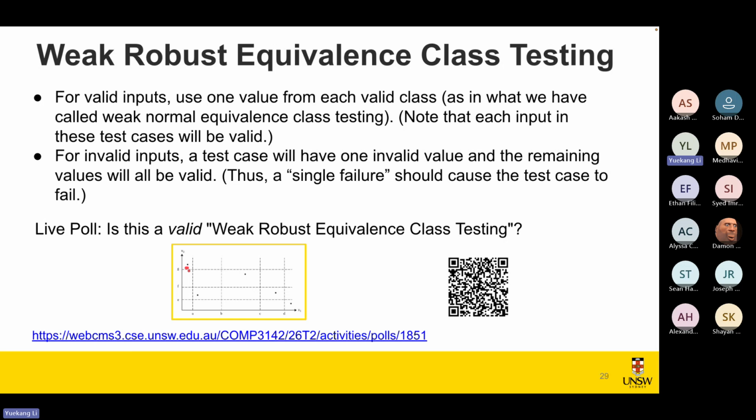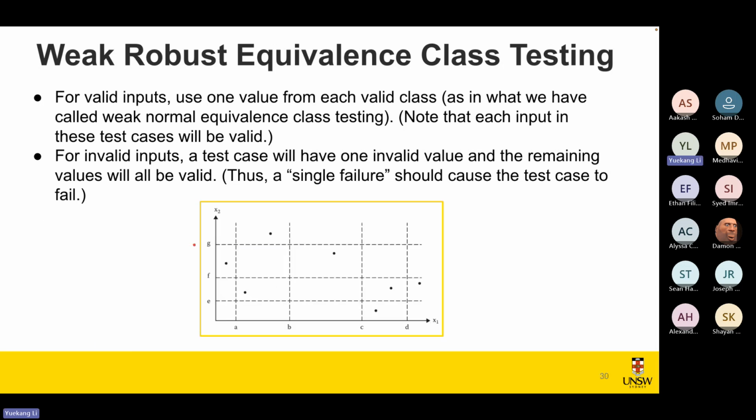This is allowed. But x2 is also invalid. So this breaks the assumption of single failure, single fault. Both x1 and x2 in this point are invalid, and we only allow one value to be invalid. So that's why this is wrong.